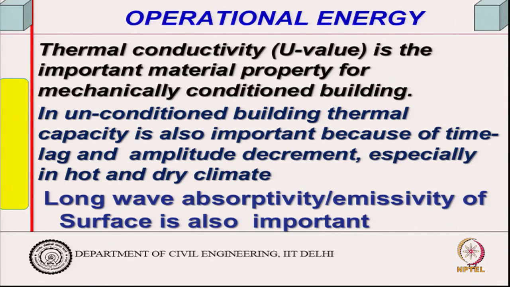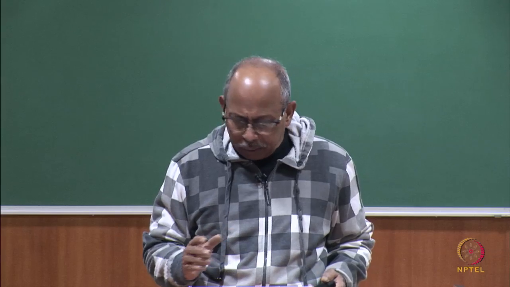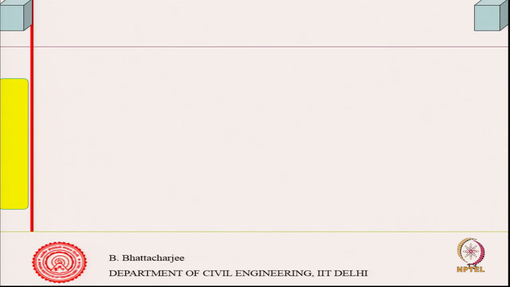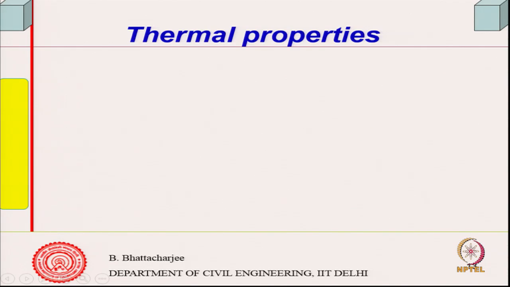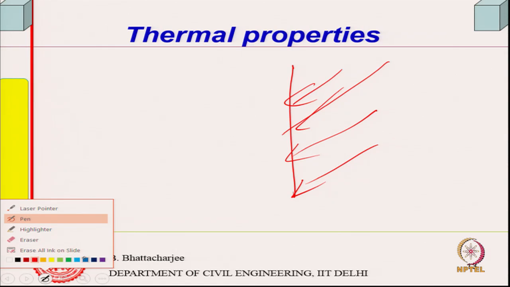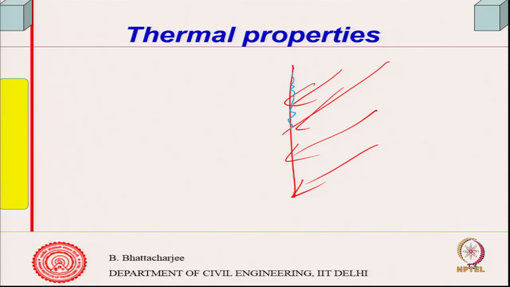Similarly, the surface properties: long wave emissivity and short wave absorptivity. Sun's rays fall onto some surface. Now, how much of it will enter, how much of it will be absorbed, is a function of surface characteristics.